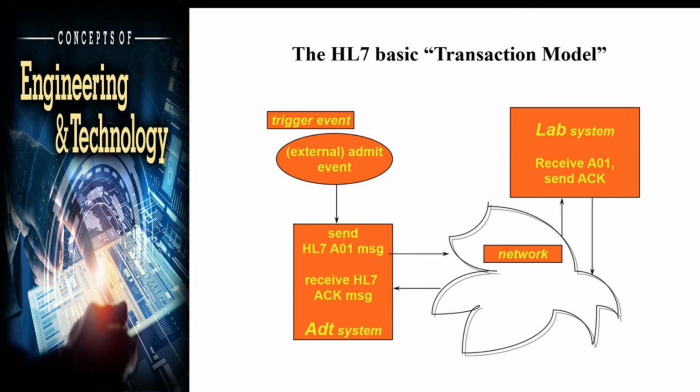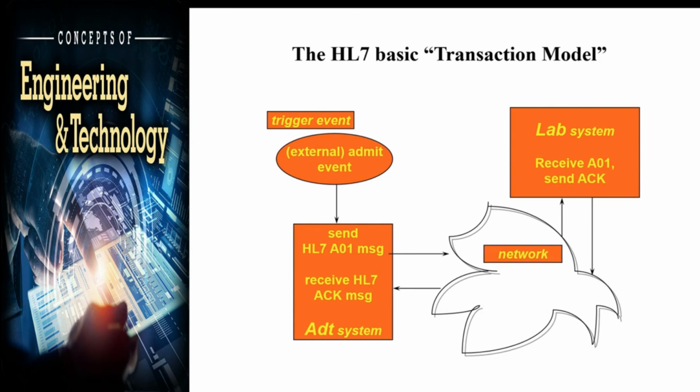Once the admin system triggers the event, it will send the information message through the network. For example, if they want to go for a lab test, the information is transferred through the network to the lab system.